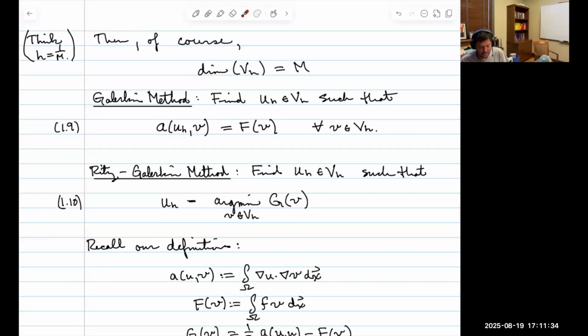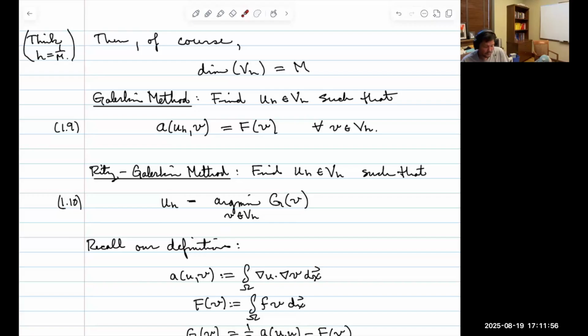But what I can't show you yet is that I'm guaranteed to have a solution for this. I need a little bit more machinery. Well, this one turns out I don't even have to know that V is a Hilbert space to show you that this has a solution. I'll show you what I mean momentarily.